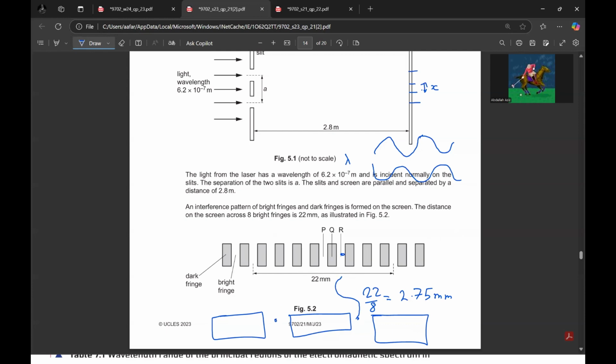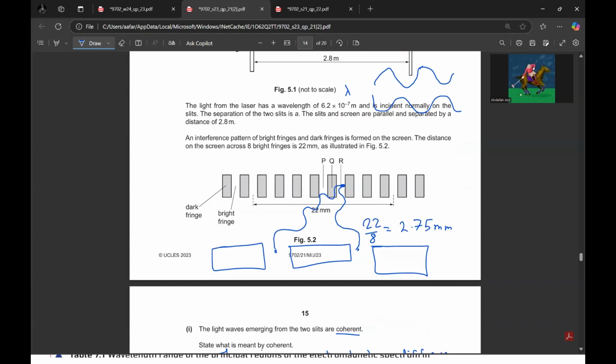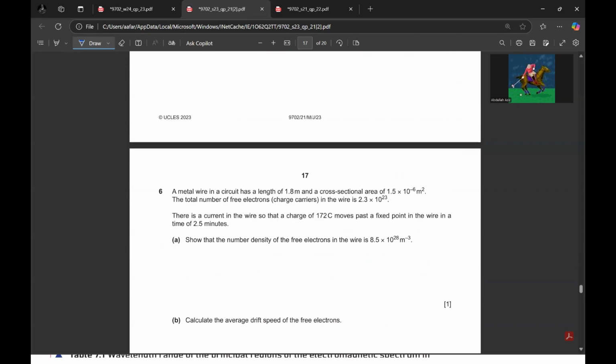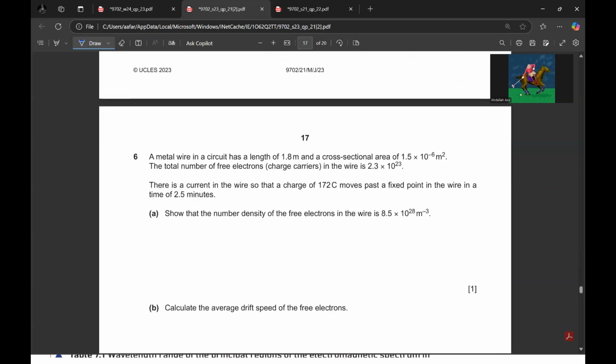So when this wave reaches over here, this wave reaches 1 cycle later, but they both meet at the same point. So basically, there's a phase difference of 360, not 0. You understand?